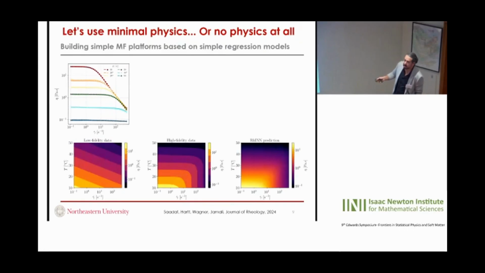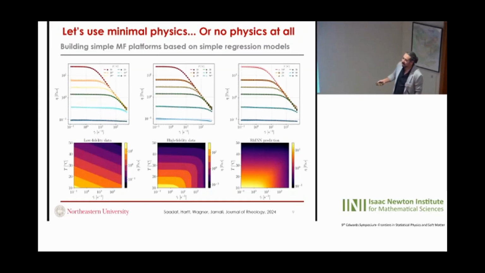So this is what I would call in-range predictions. So 10 degrees C all the way to 50 degrees C. And we are asking what is the viscosity at different shear rates for 20, 25, and I believe 40 degrees C. That works well. Okay, not really a big deal. But what's interesting is it's also working for out of range.